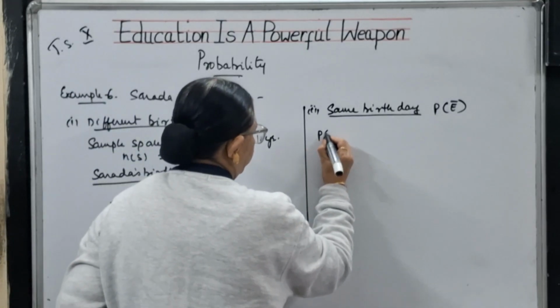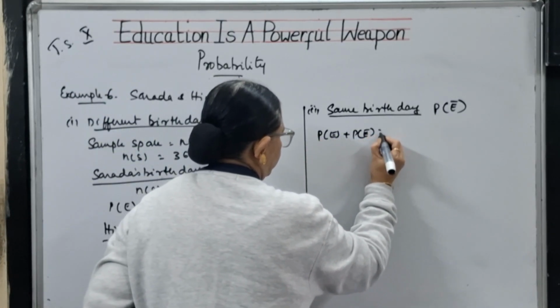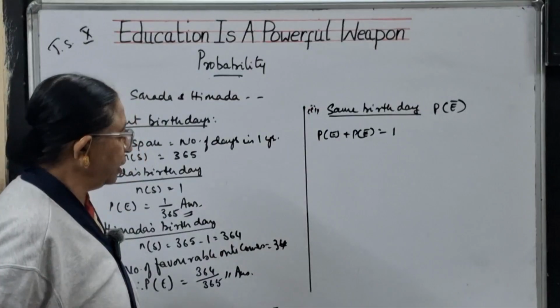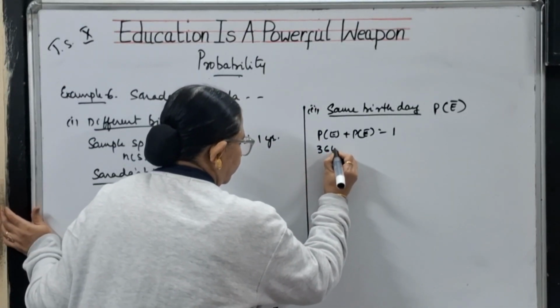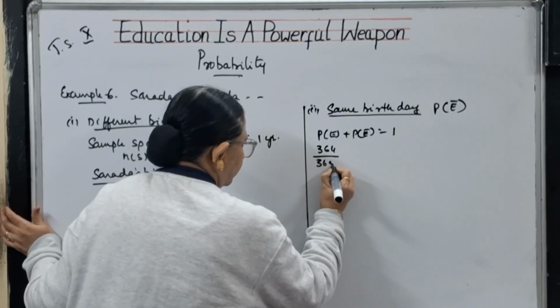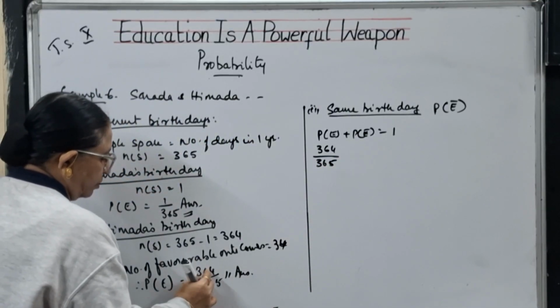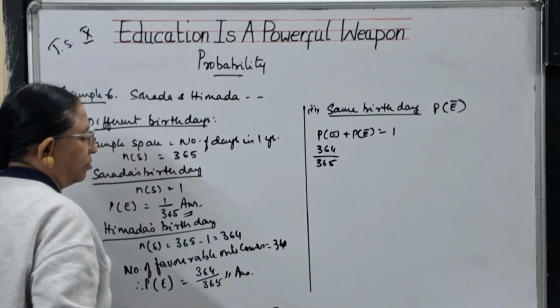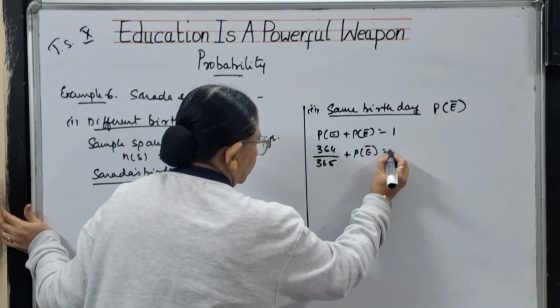So same birthday means P of E dash. We know that P of E plus P of E dash is equal to 1. Here P of E should be considered as 364 by 365, because the different birthdays probability is 364 by 365, plus P of E dash is equal to 1.